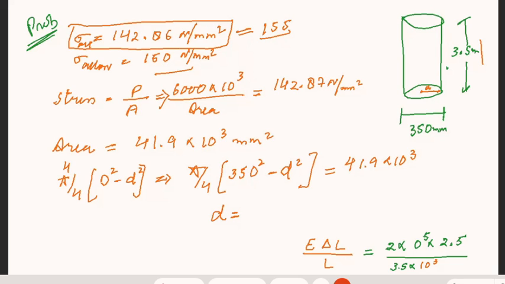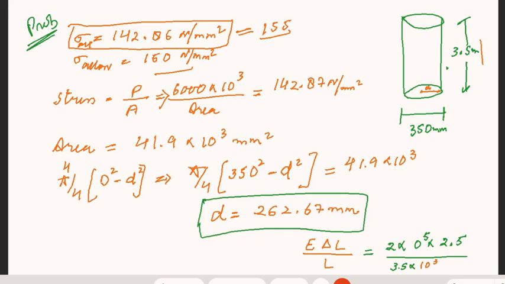Okay. 262.67 mm. This is your internal diameter, in order to carry a load of 6,000 kilonewton, which was coming on this.